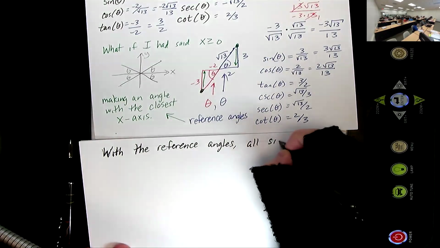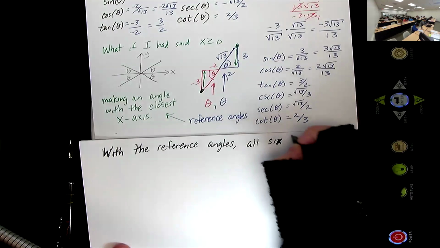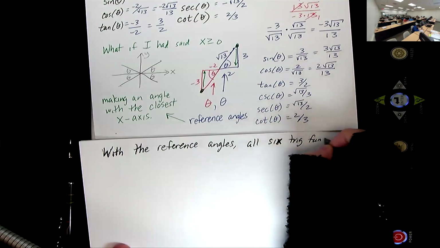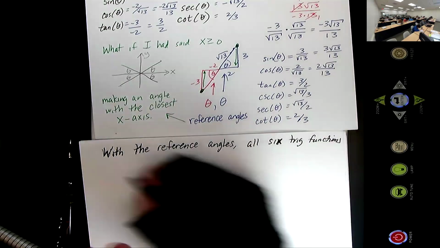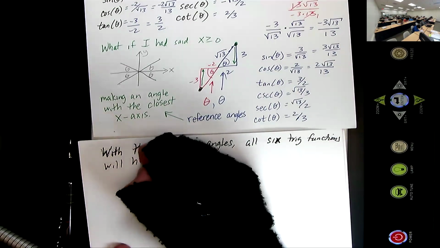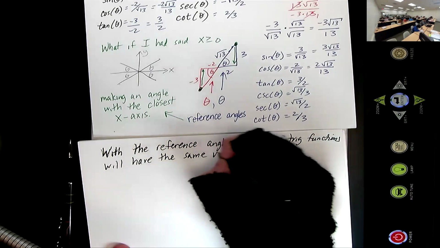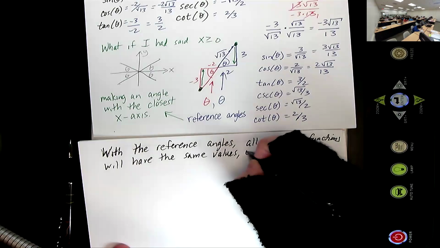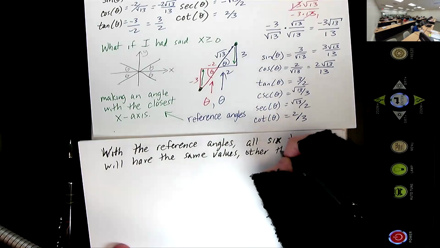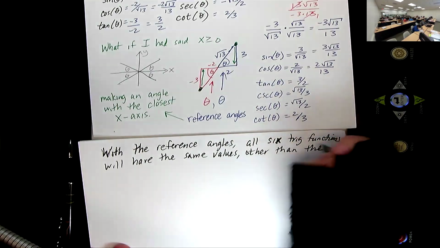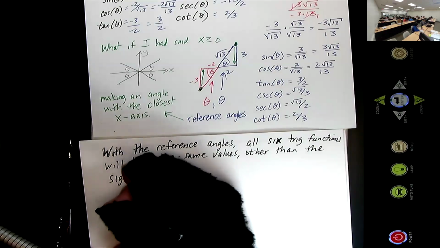All 6 trig functions will have the same value, positive or negative.